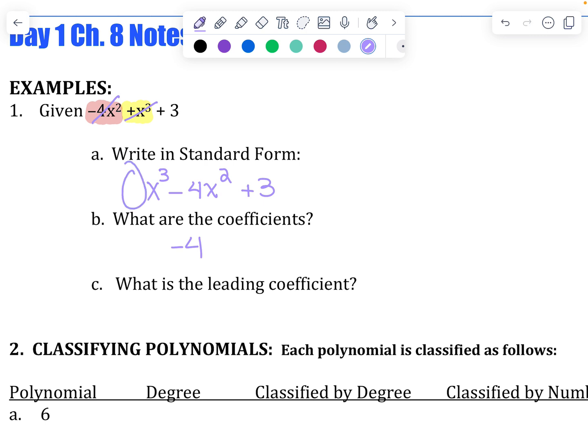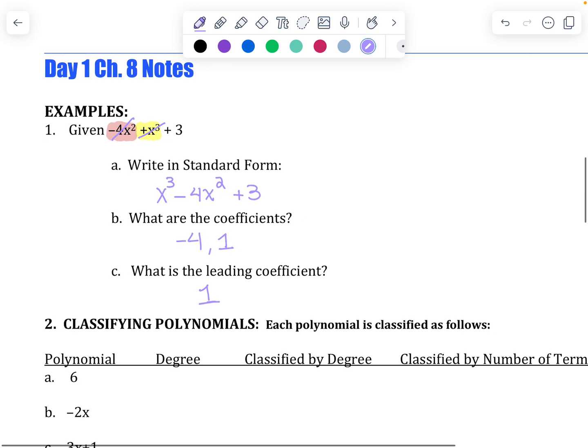If you don't see that specific number, just know a 1 is there. And then the leading coefficient is that number that's at the very front in standard form. Again, if we don't see a number, the leading coefficient is 1. Otherwise, you would just write the number you do see.